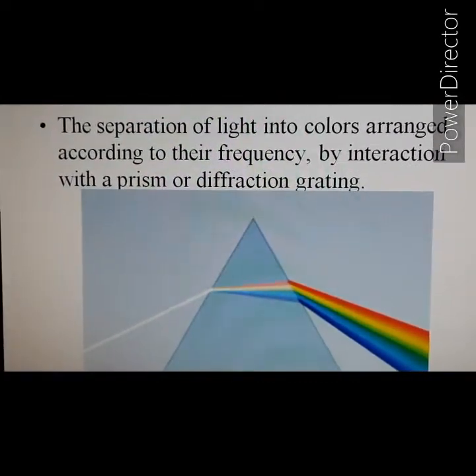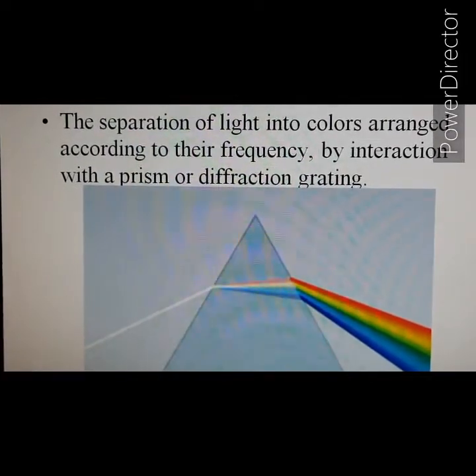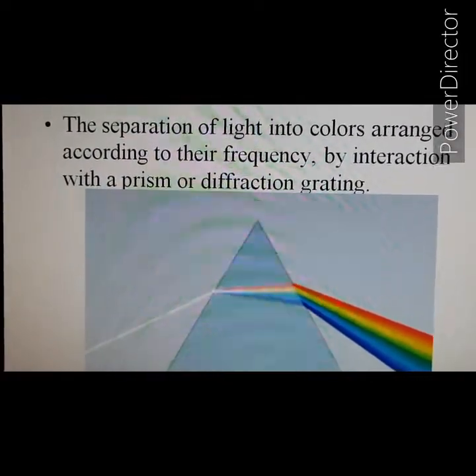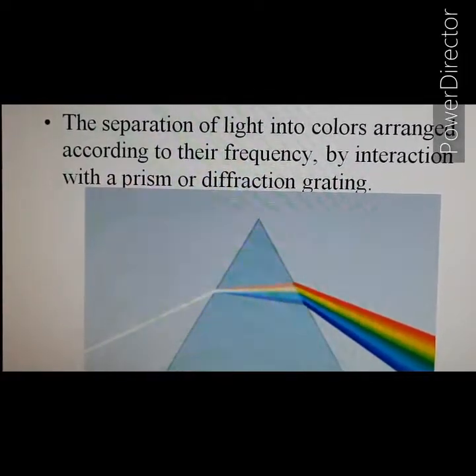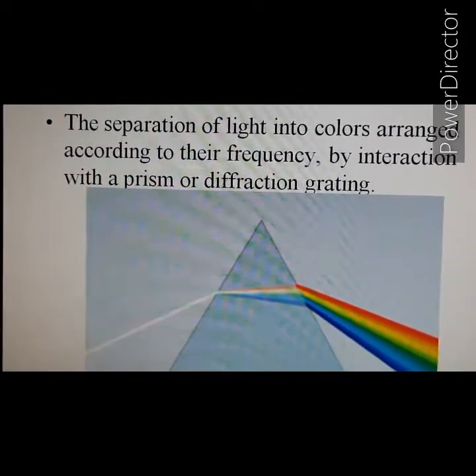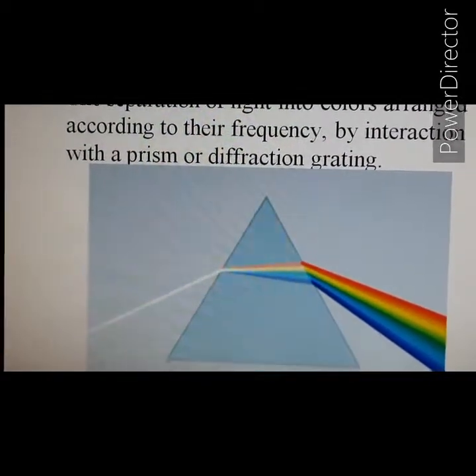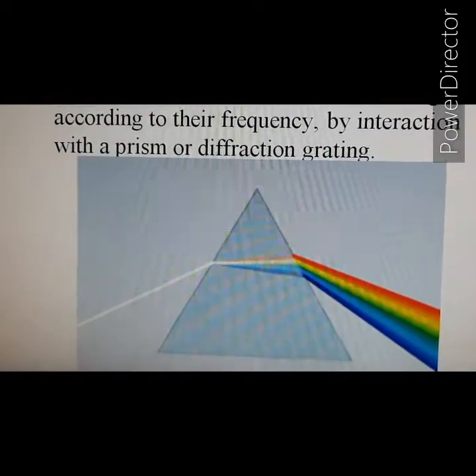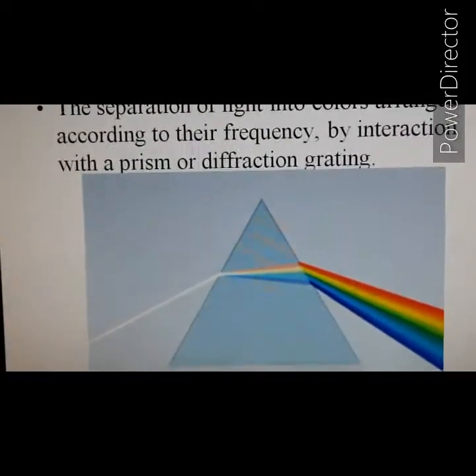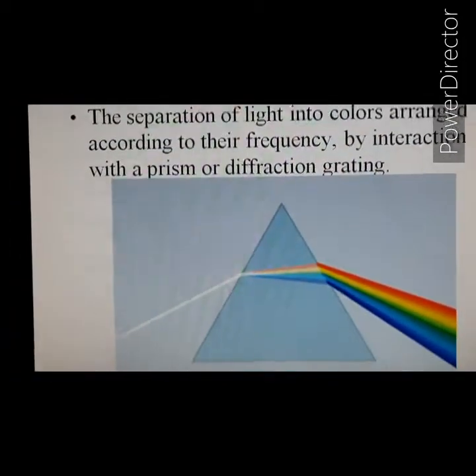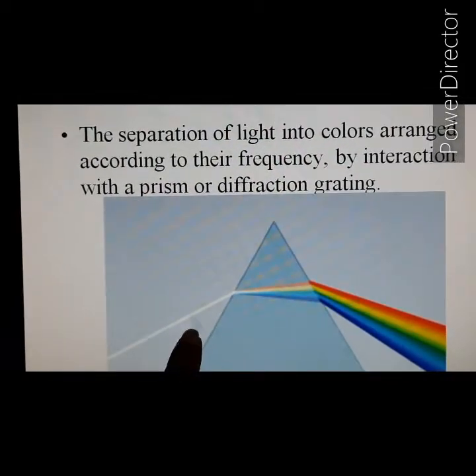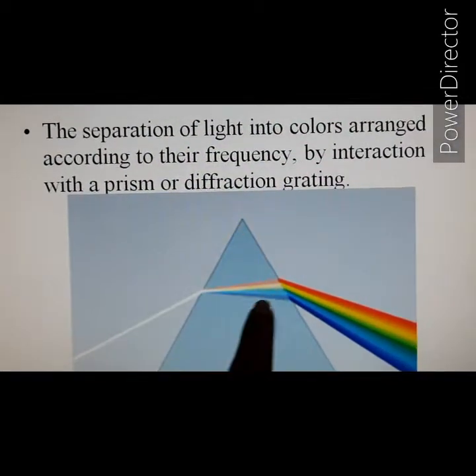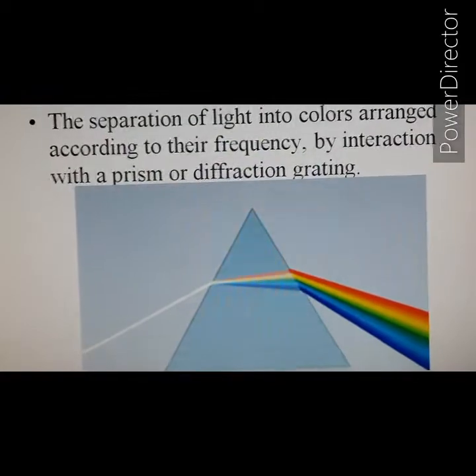Simply, we can say it is the separation of light into colors arranged according to their frequency and wavelength by interaction with a prism or diffraction grating, which we can see on the screen. The incident light ray is splitting, as you are seeing here, and emitting out.